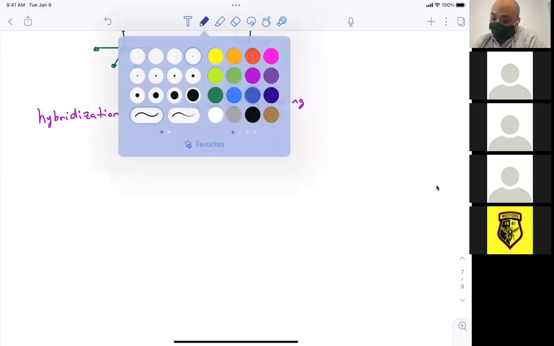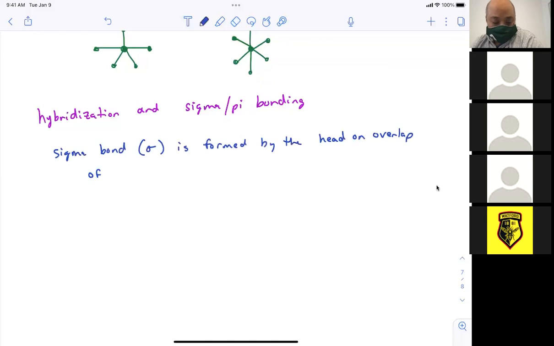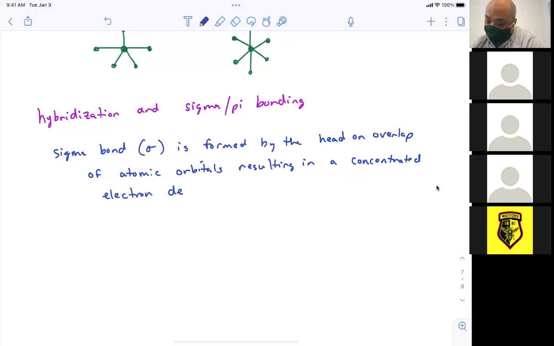A sigma bond, symbolized by that sigma symbol, is formed by the head-on overlap of atomic orbitals resulting in a concentrated electron density between nuclei.